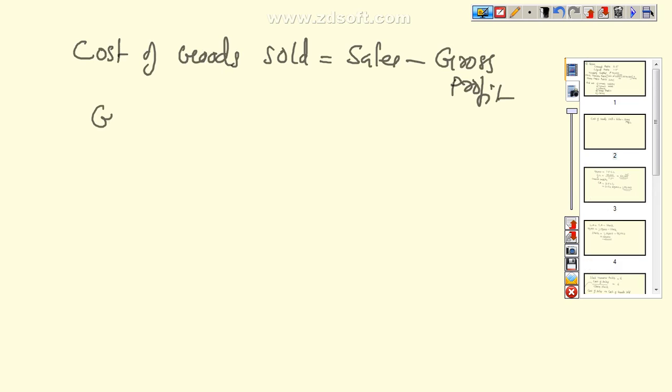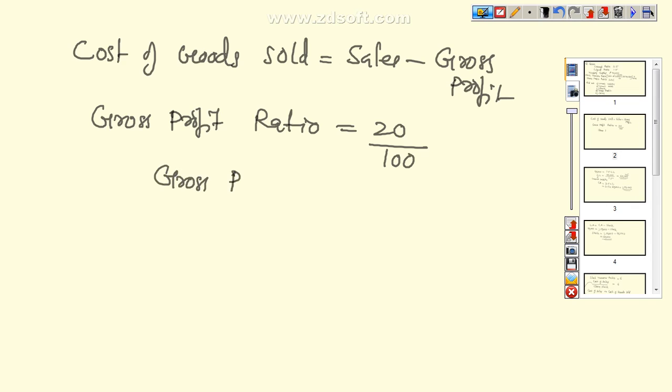So gross profit ratio is equal to 20%, means 20 upon 100. So GP, gross profit upon sales, is equal to 20 upon 100.